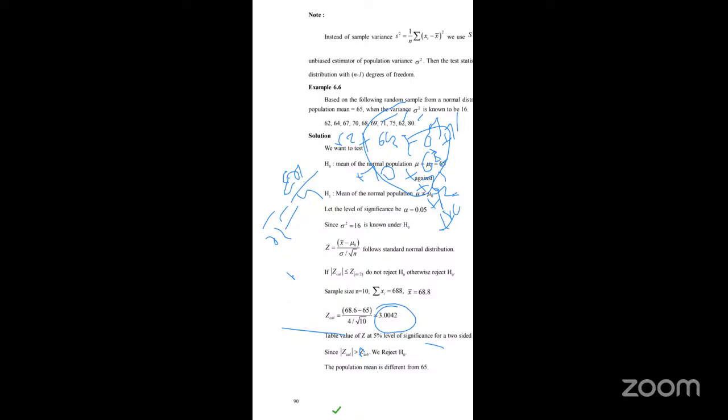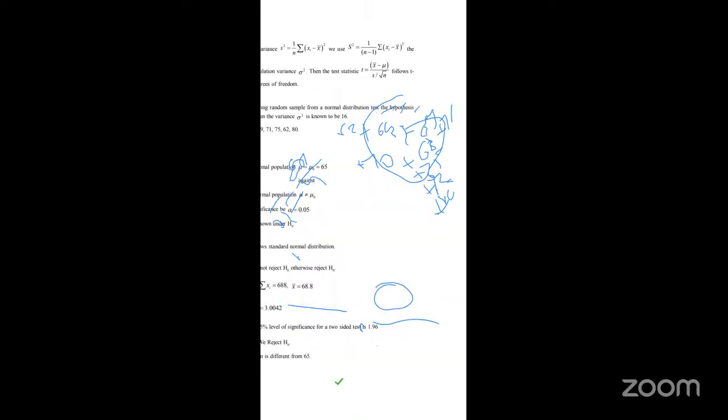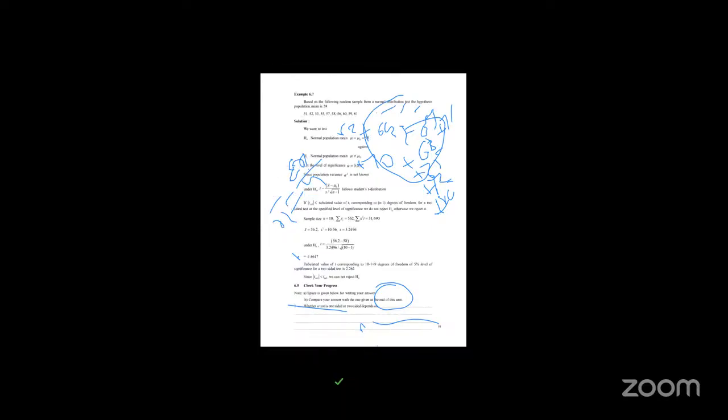Otherwise, if the value is less than the tabular value, we accept H naught.